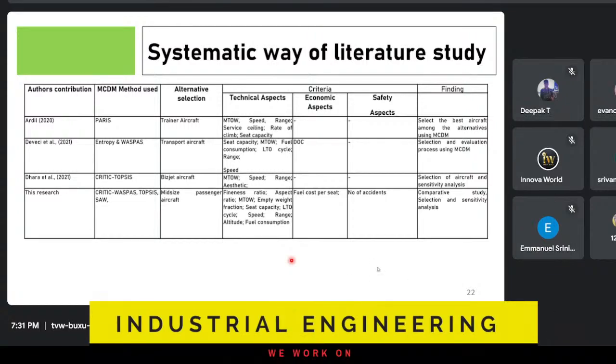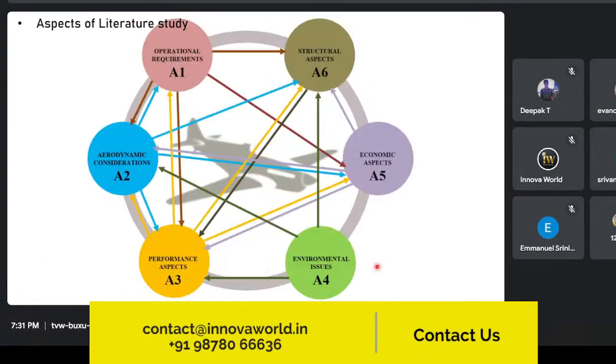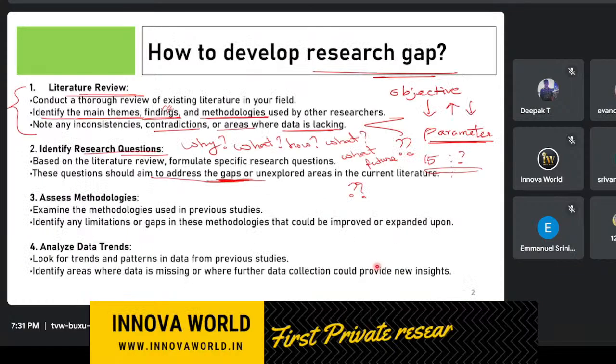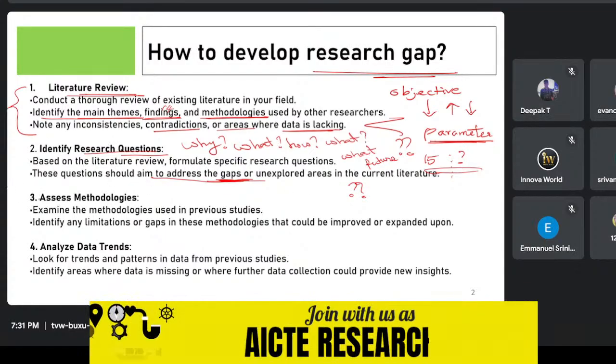Alright, now moving further. So, still we are in the research gap. I hope I have given you a clear idea or outline of how to frame this particular zone: research questions and how to work.